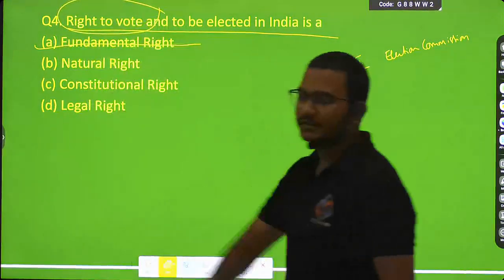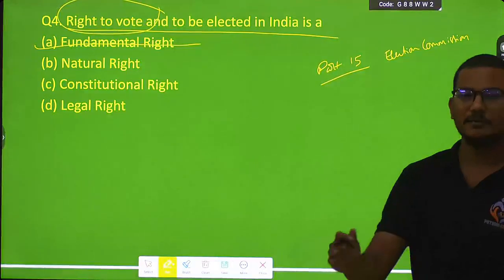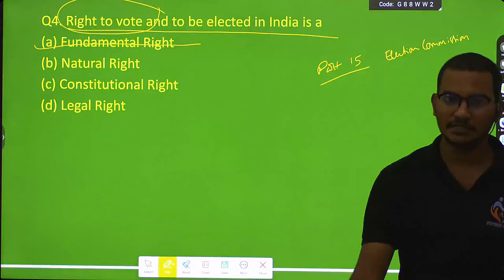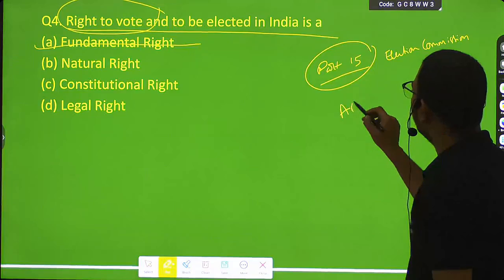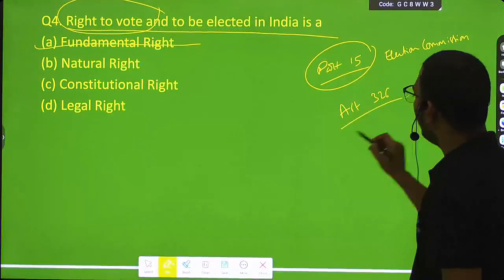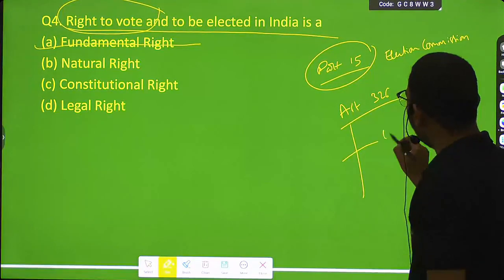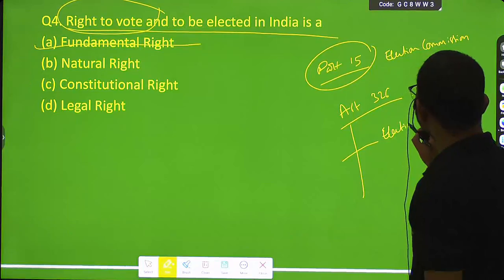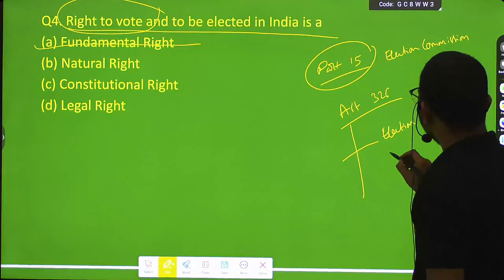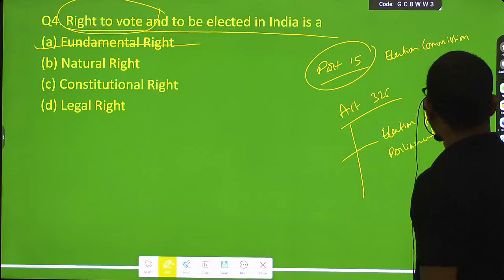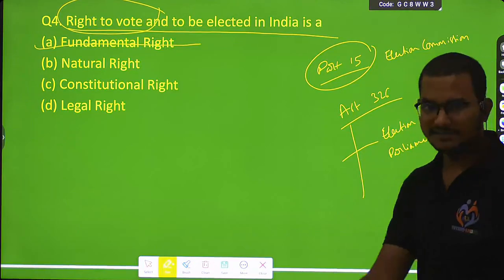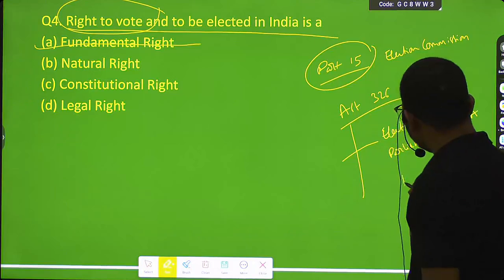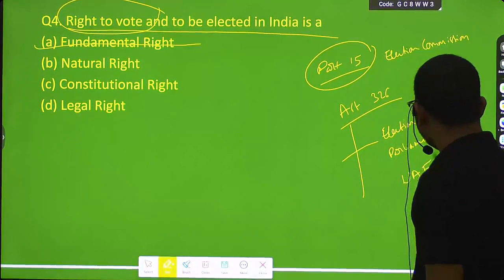So a case went to the Supreme Court, and the Supreme Court, through its interpretations, told there is an article in this part 15, article 326. What this article says is that elections for parliament and state legislative assembly are on the basis of universal adult franchise.